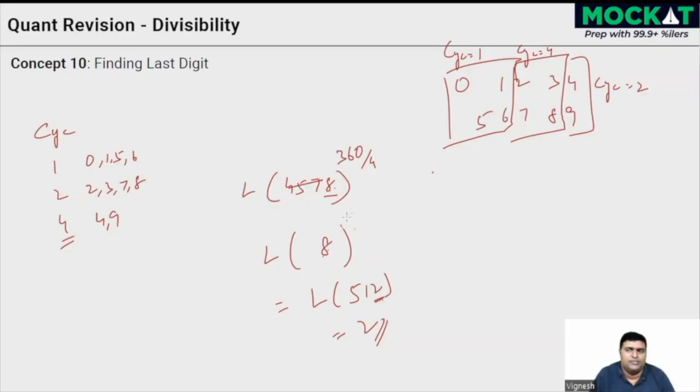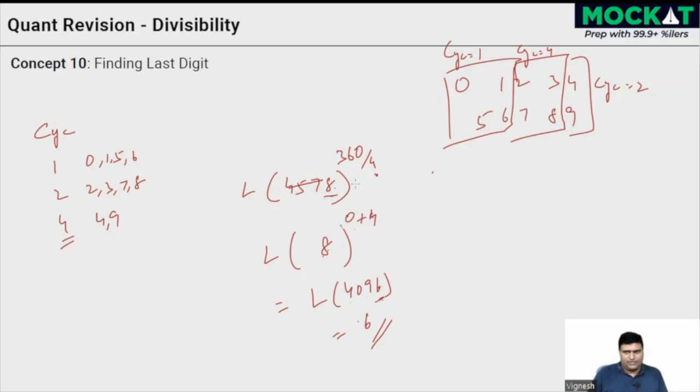If you're getting 0 as the remainder, add back the divisor 4. Then we're getting 8 power 4, which is 4096, if you remember the powers, and we get 6 as the answer for the last digit.